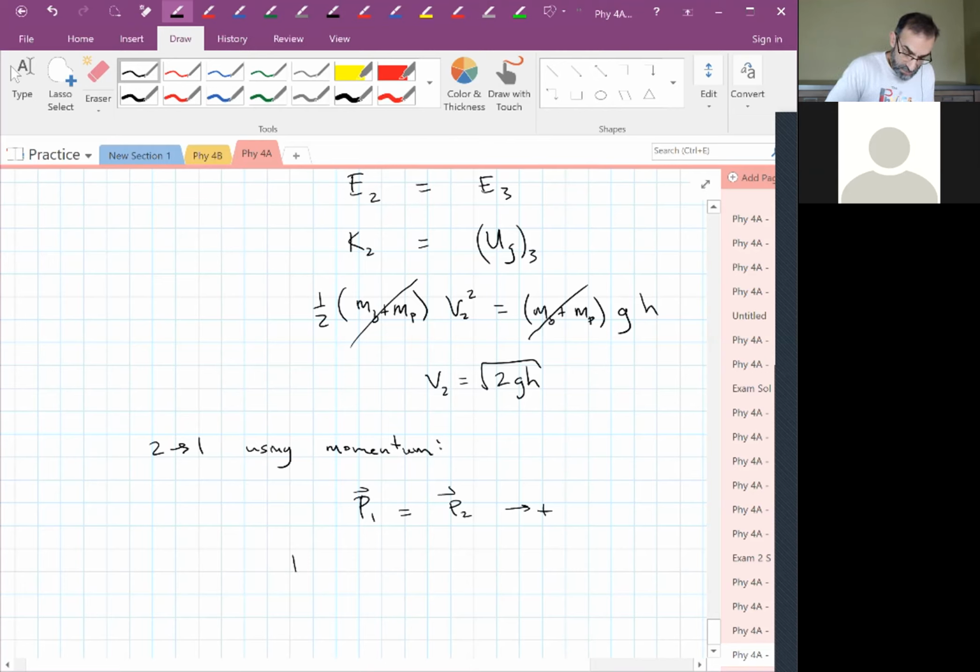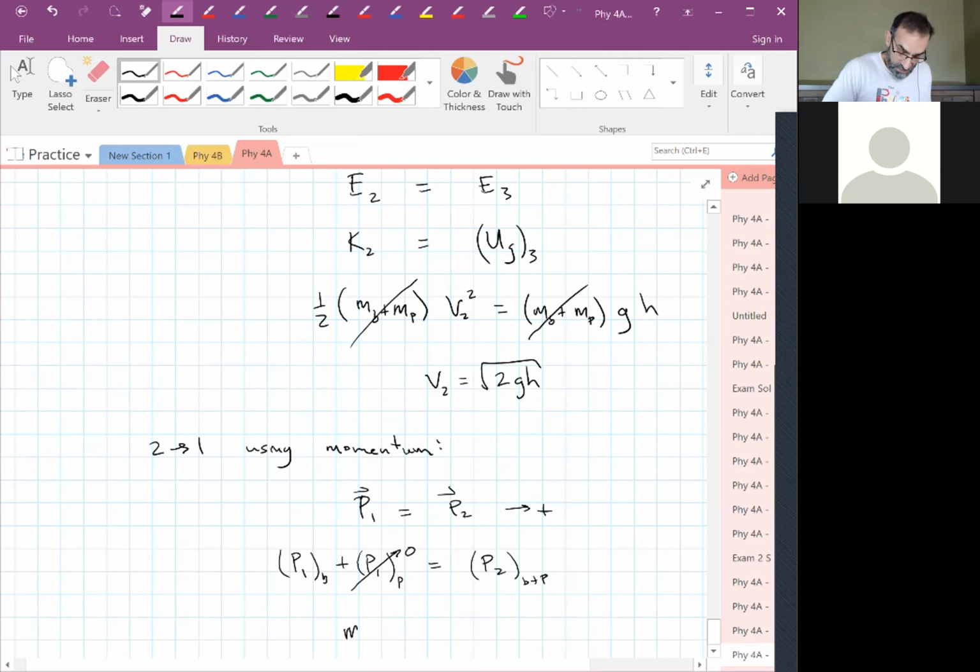So the momentum of the bullet plus the momentum at time 1 of the pendulum has to equal the momentum at time 2 of the bullet plus pendulum. And we know the pendulum is not moving initially.